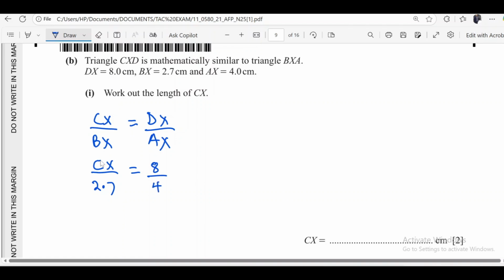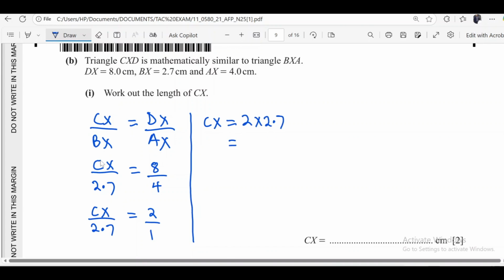Remember that this is also the same as saying CS over 2.7 equals 2 over 1. So if we cross multiply, CS is going to be 2 times 2.7. That's going to give us 5.4 centimeters. So we enter 5.4 here.